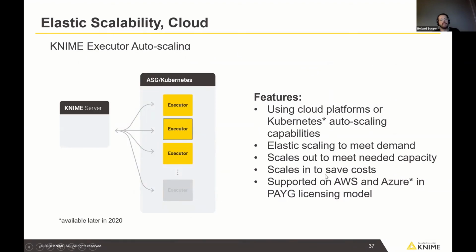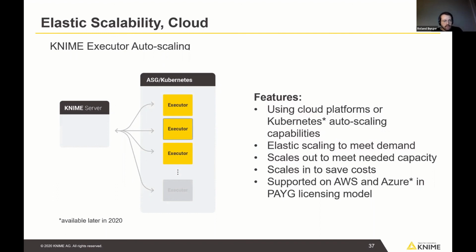Here just a couple more words about this whole idea of auto-scaling. We do allow you to scale elastically to meet any demand you want to throw at the KNIME Server. So basically scale out in case you need more resources for a more or less short period, and then afterwards, once the period is gone, we just scale back in to save costs in the long term.